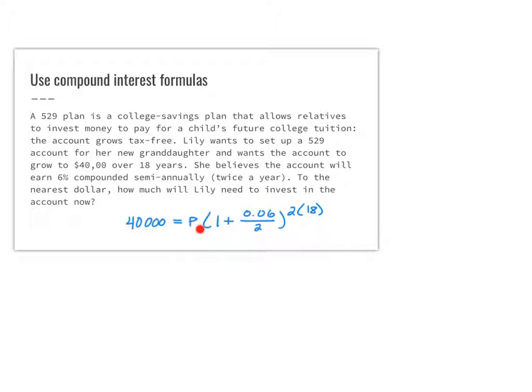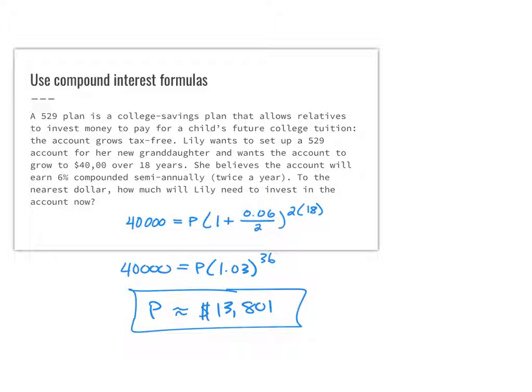We need to solve it for P. So first step, we get 40,000 is P times 1.03 to the 36. Divide each side by 1.03 to the 36. You get that principal amount needs to be roughly $13,801.